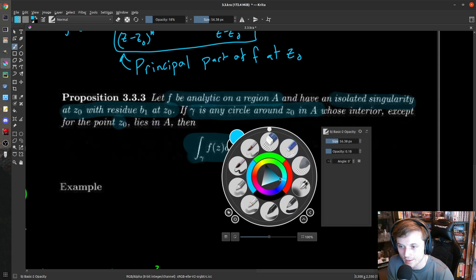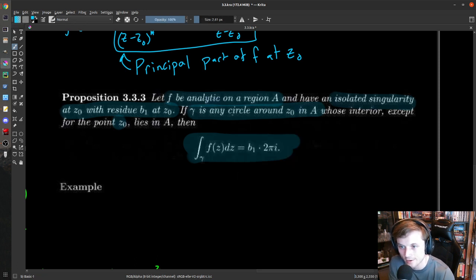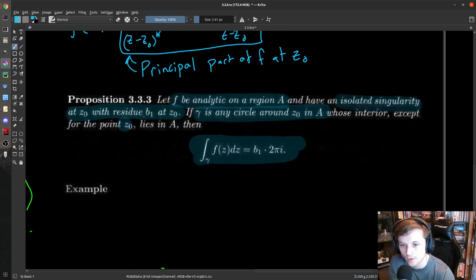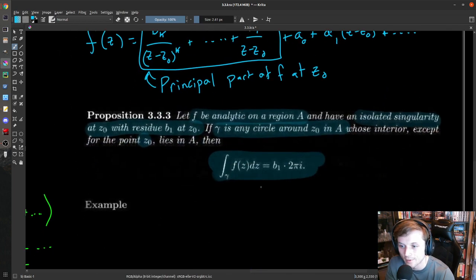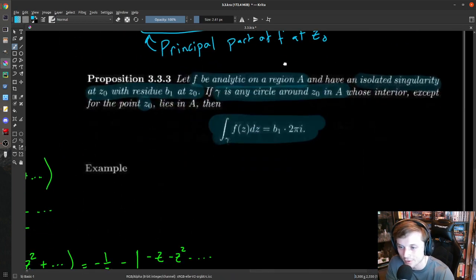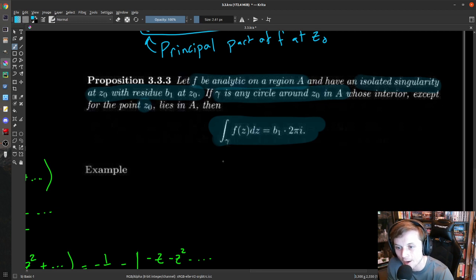Another way to say this, if you want to write it out: if we write res f z0 equals b_1, if we write residue like this, and some people put the z0 first, I don't know which you prefer, then the way to think of it is that the integral equals 2 pi i times the residue.